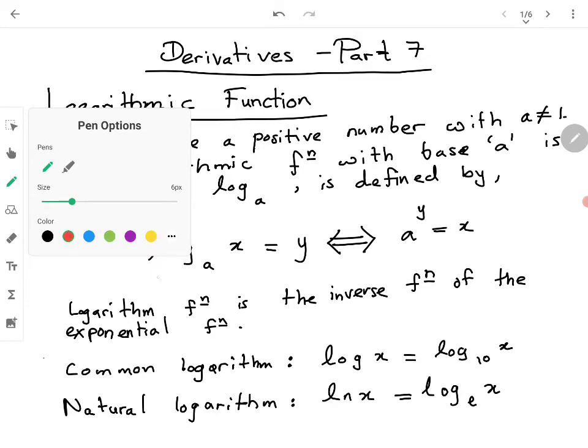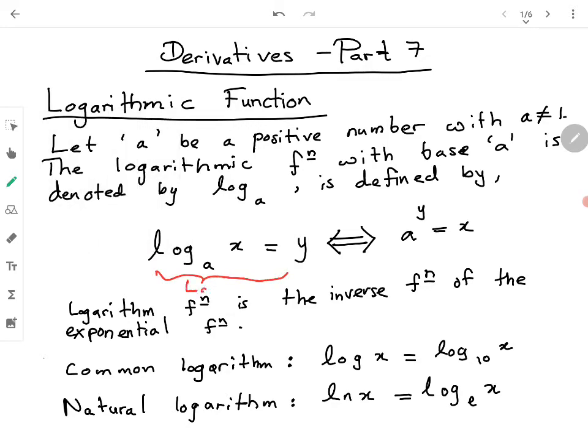So this left hand side is the log form of the definition, and this right hand side is what is called the exponential form of the definition. In practice you should be able to write down both forms.